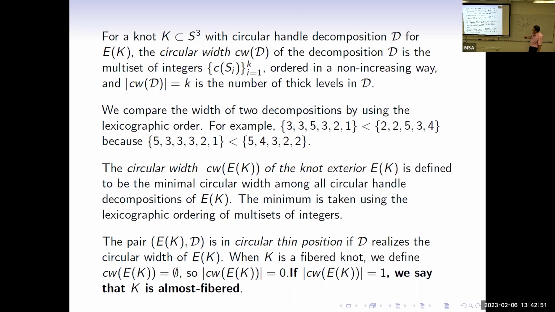For example, if we have the complexities of the surfaces 3, 3, 5, 2, 2, 1 and the other is 2, 2, 5, 2, 4, then this multi-set of integers is standard, because we order in a non-increasing way, it will be 5, 3, 3, 3, 2, 1, and then this is less than 5, 4, 3, 2. And then the circular width of the knot is the minimal circular width among all circular Heegaard decompositions.